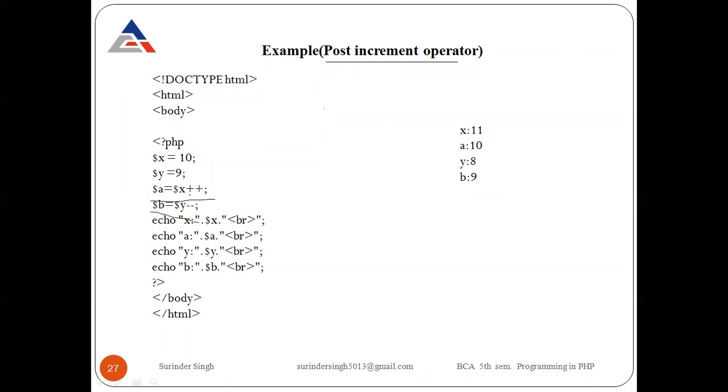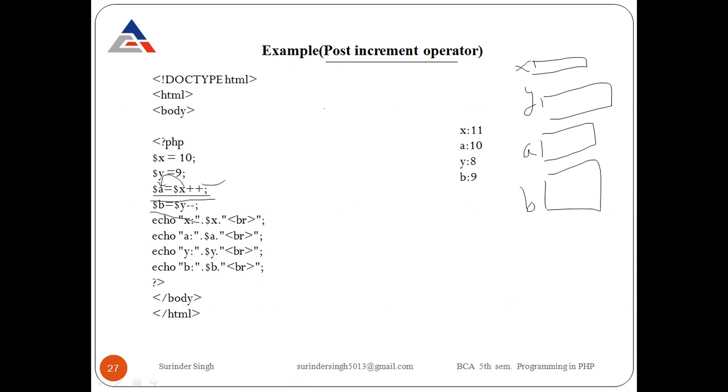Here you can see this statement. The operator symbols come after the operand, so increment or decrement will be performed after any operation. Clear? Here first the value of x will be assigned to a. In memory we have the x variable, the y variable, the a variable, and the b variable.